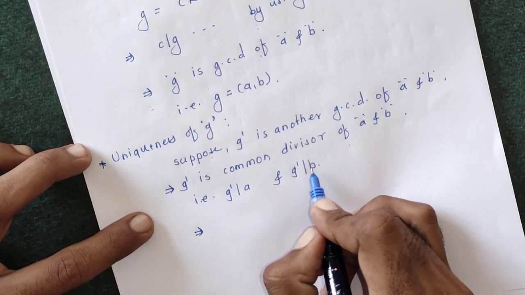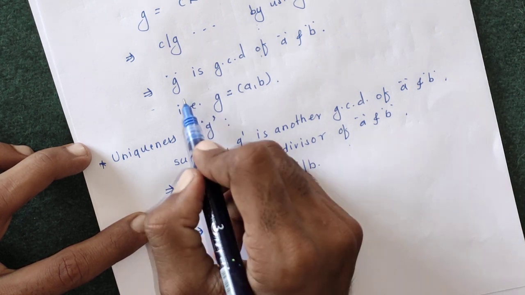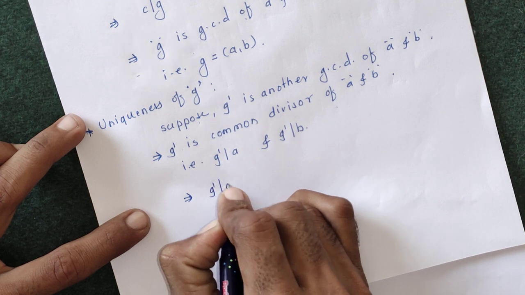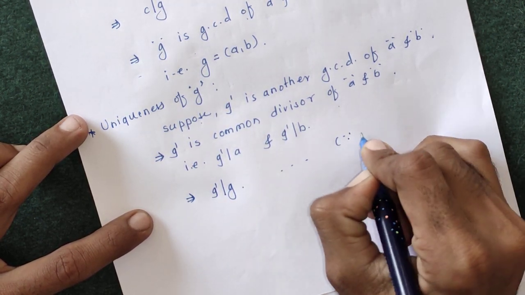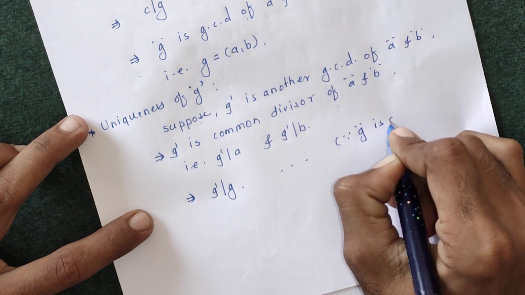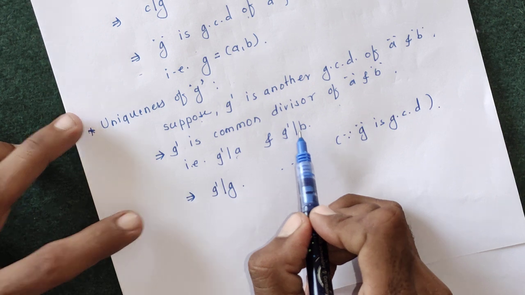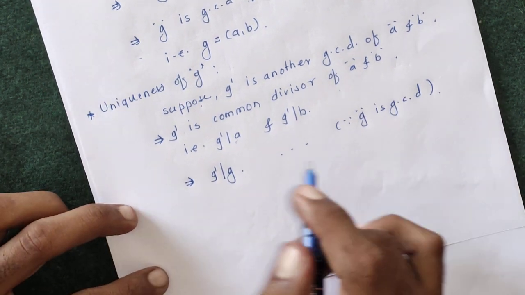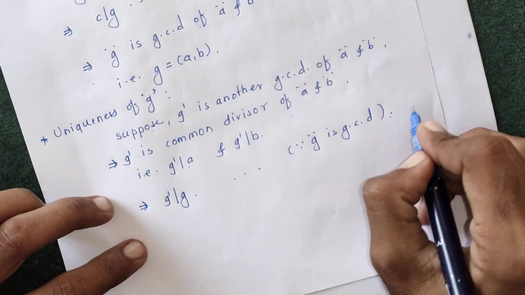This g prime is a common divisor and g is the GCD, so g prime must divide g. The reason is that since g is the GCD, every common divisor of a and b must divide the GCD. Suppose this is equation 1.